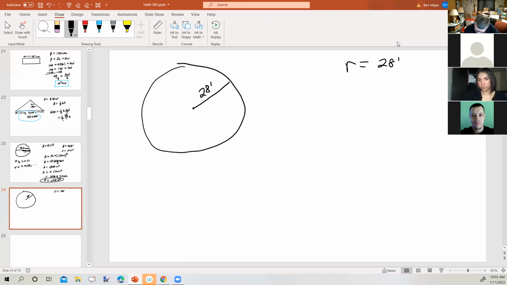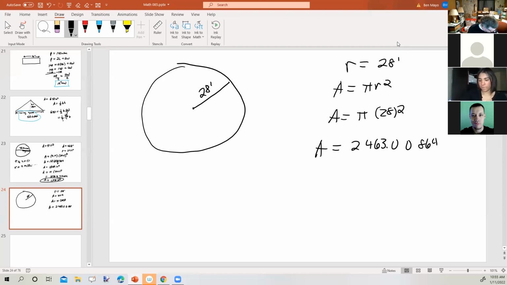Find the area of the circle that is swept out. So covered by this. So the total area is pi r squared. So pi times 28 squared. I'm going to go ahead and use the pi button this time. So pi times 28 squared. And I get 2463.00864.